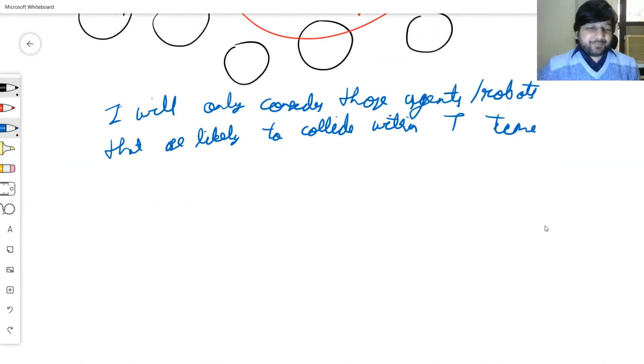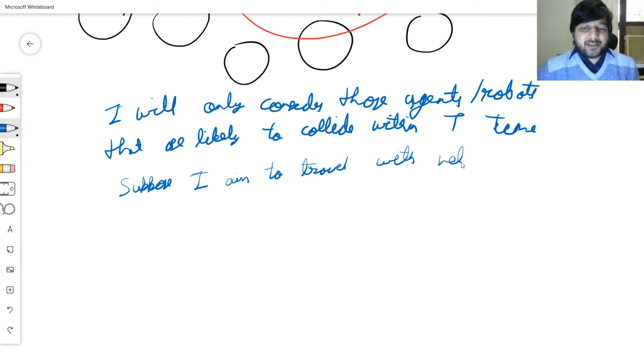So let's say suppose I aim to travel with velocity vector v.